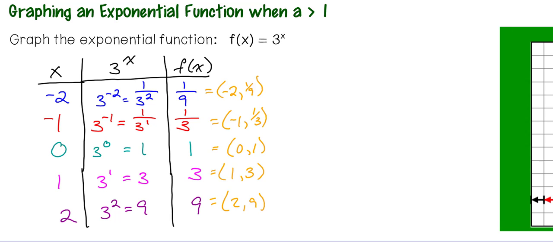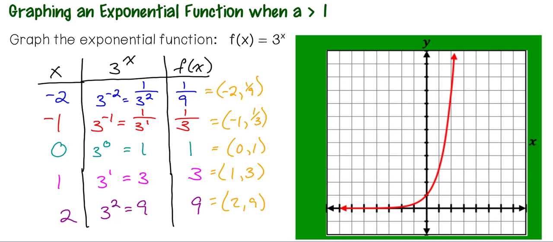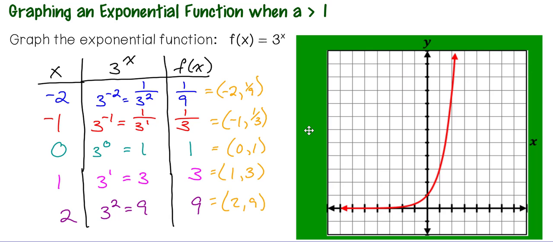And when we graph it, this is what our exponential function would look like. So it goes infinitely up to the right, and as it's approaching the x-axis, you notice it's not going to ever touch it, okay? It's always going to be getting infinitely closer and closer.